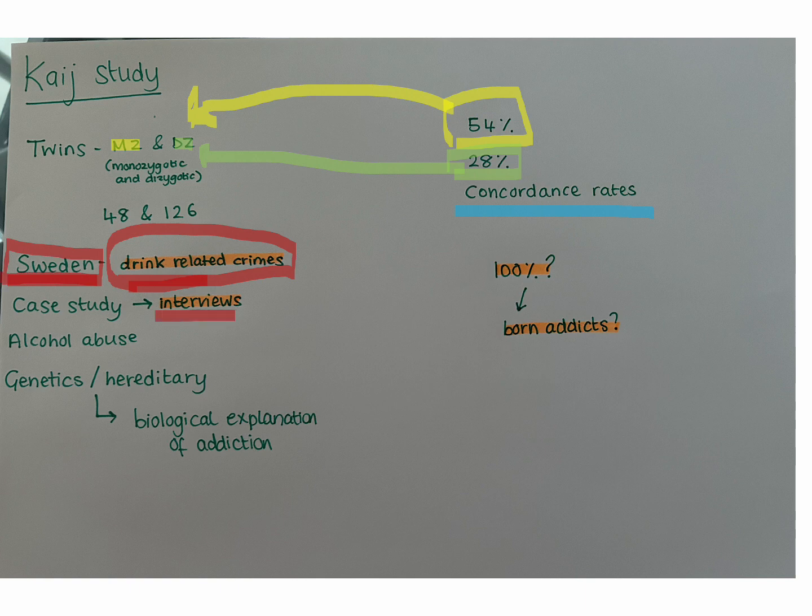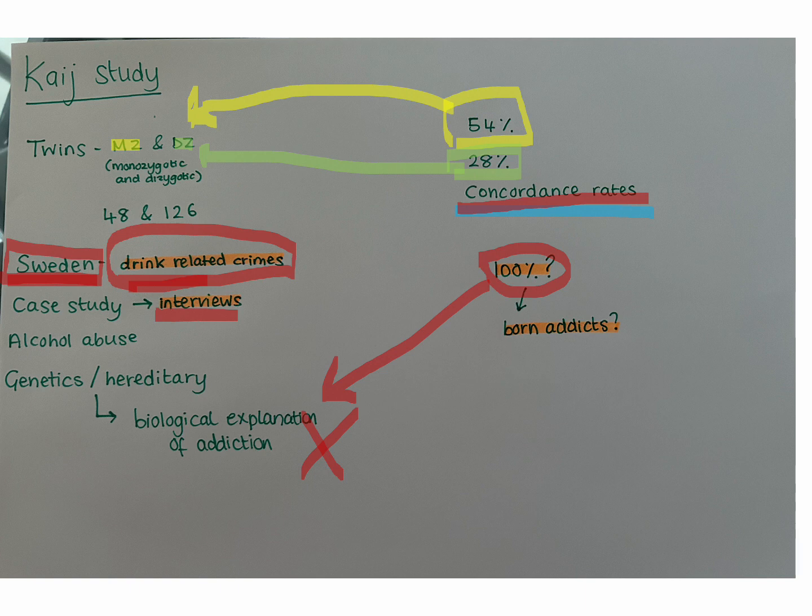The issue of interviews with family members and the participants themselves means the data we've gathered is not correct. And finally, the concordance rates were not 100%, which suggests actually the biological explanation of addiction is not fully true. It might be more due to nurture, due to the fact that the concordance rates weren't 100%.